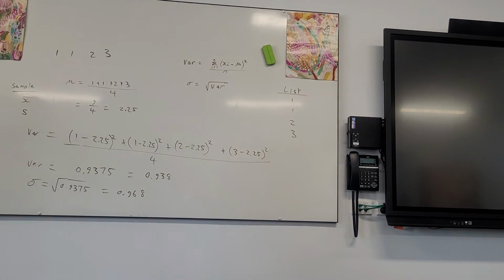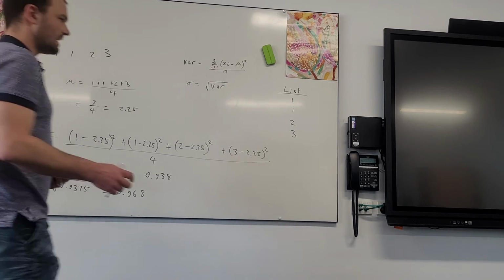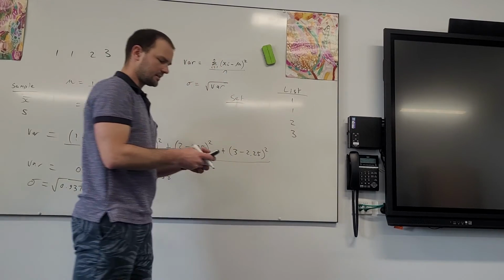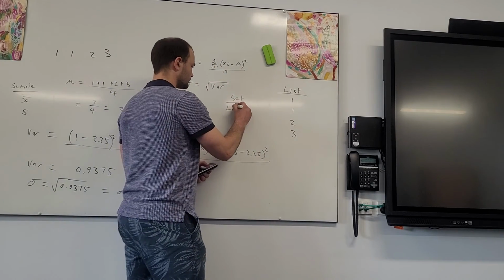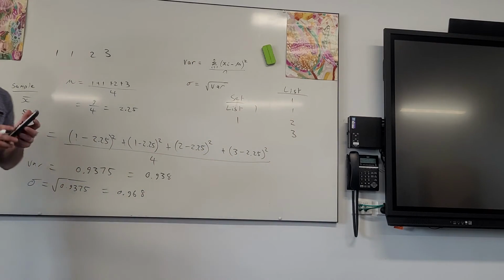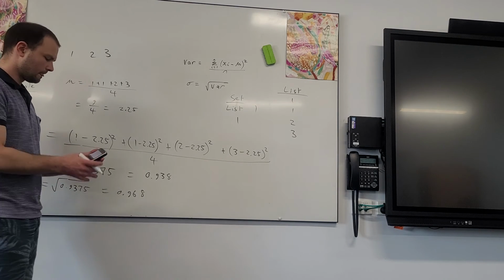So I'll delete whatever's there first. 1, 1, 2, 3. Now, when we have data only in one list, what should our settings say? Our settings should be list 1 and then the number 1. Alright, so check your settings, make sure it says list 1 and then the first variable frequency is the number 1.